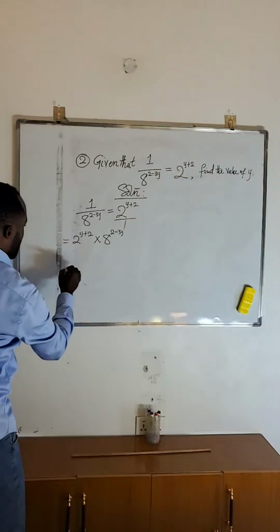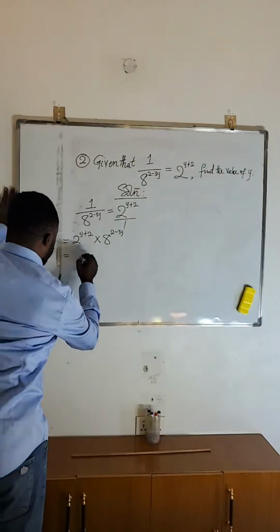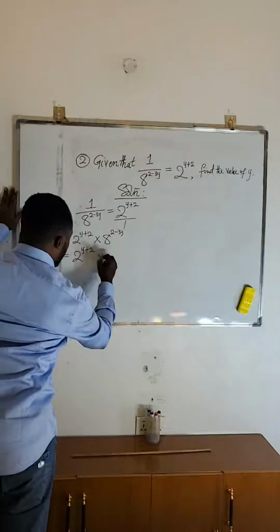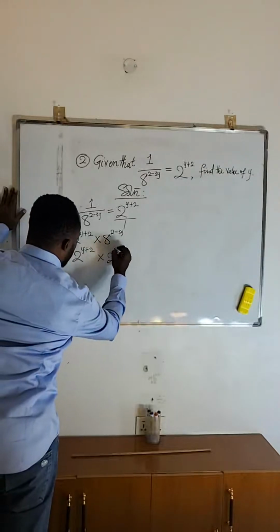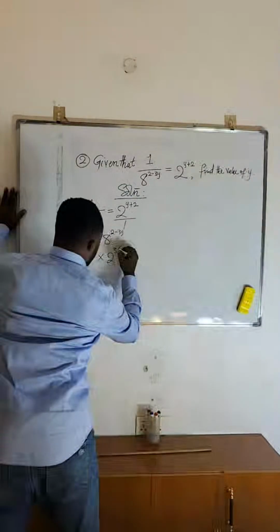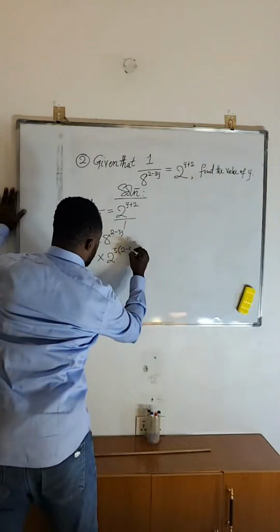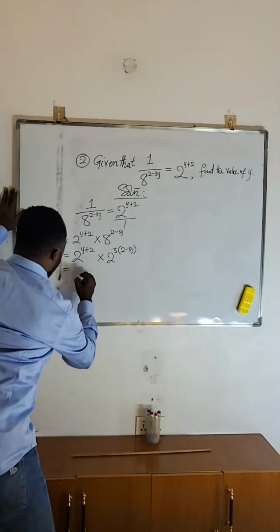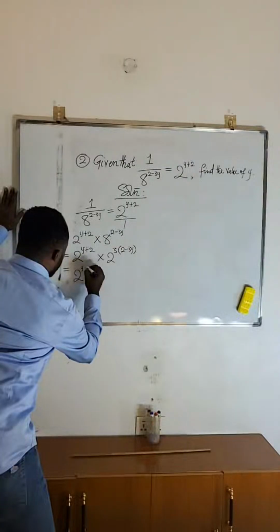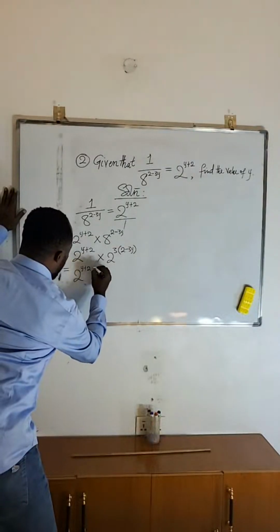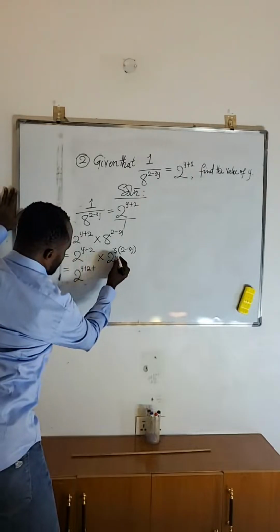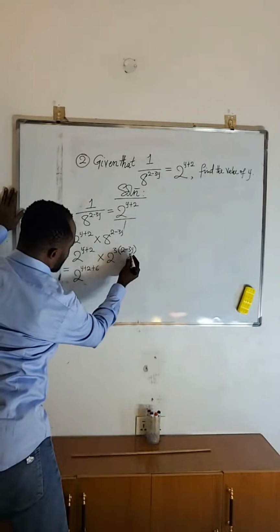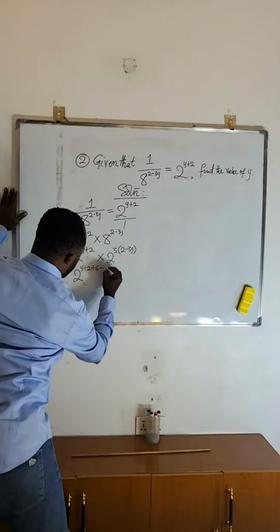This is the same thing as 2 raised to the power of y plus 2, and then multiplied by 2 raised to the power of 3. That 3 will multiply into 2 minus 3y. And so this will be 2 raised to the power of y plus 2, and then plus 3 times 2 is 6, and then 3 times minus 3y is minus 9y.